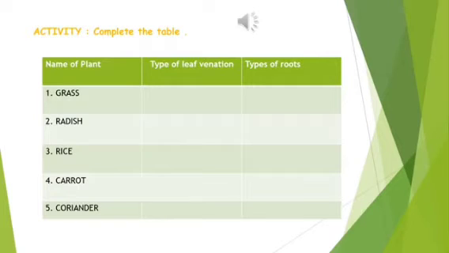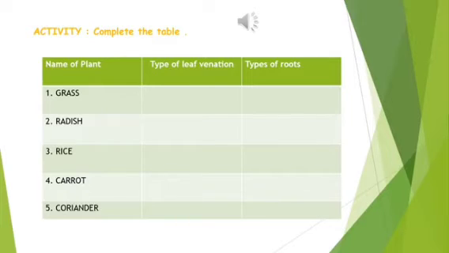Activity: complete the given table. So here is a table where the names of a few plants are given. 5 plants are given here. So what you're going to do is find out the type of venation in the plant and what type of roots they possess. For example, the first one is grass.